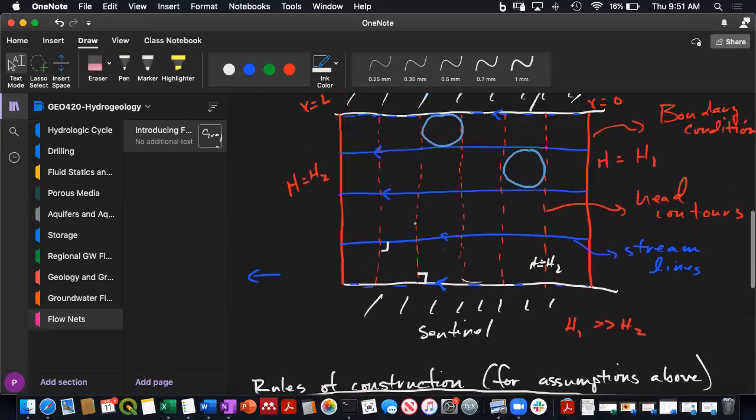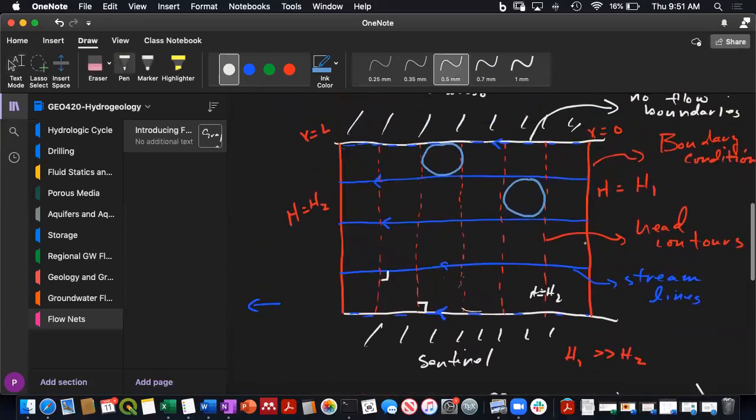Remember that your constant head boundary is an equipotential line. All right, that's your first equipotential line. This constant head boundary here is my second equipotential line. All right. Now, all other contouring rules for head remain in place.